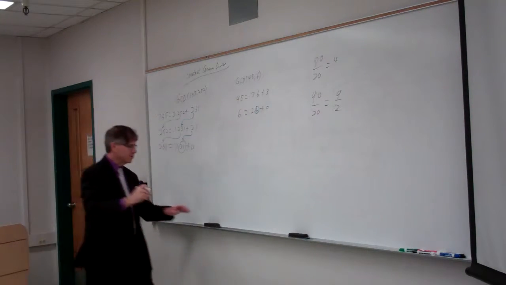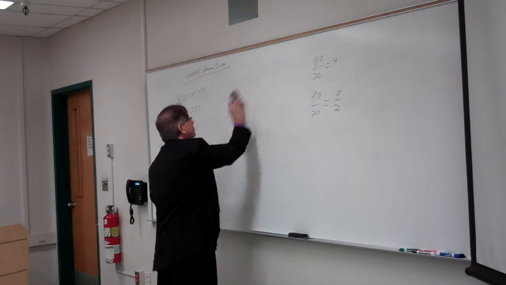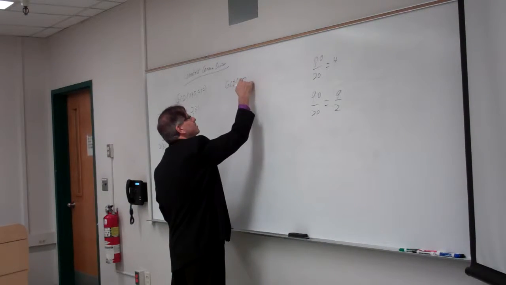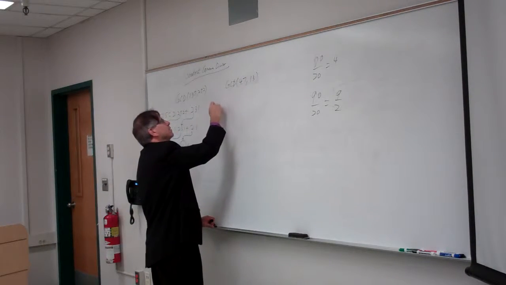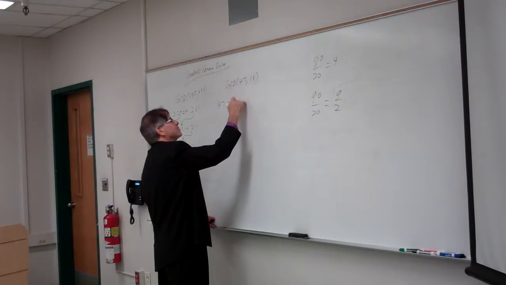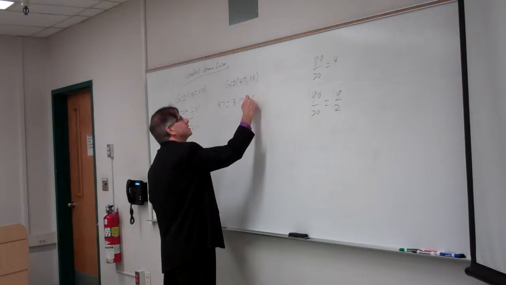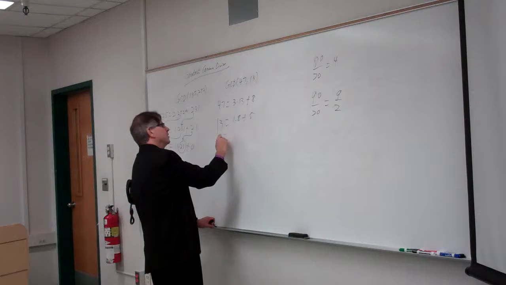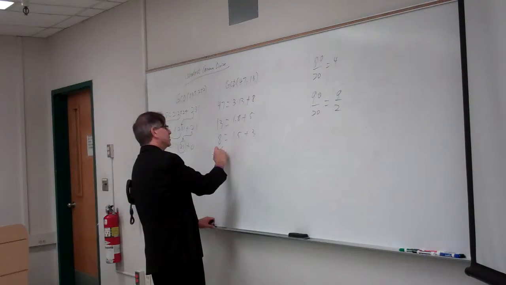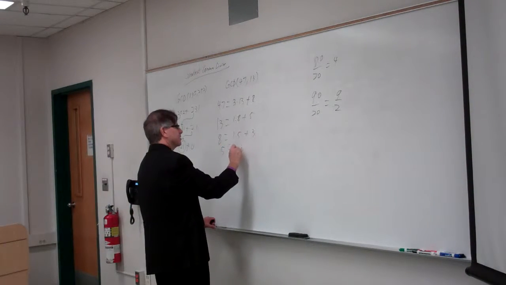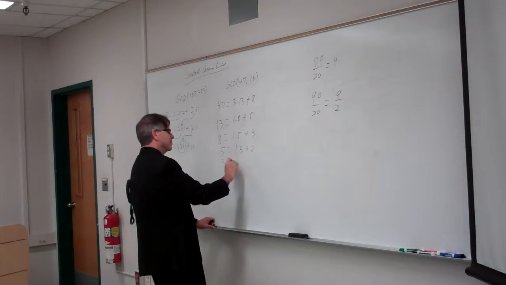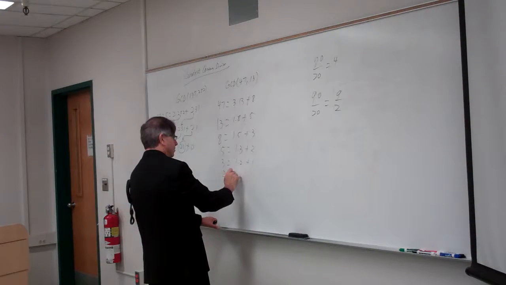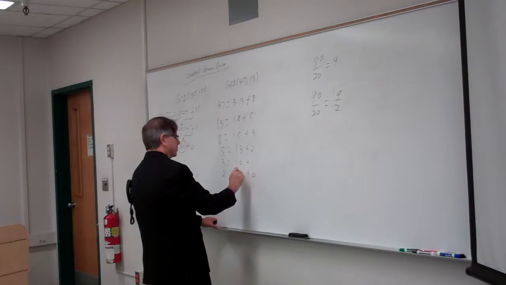And if you do this with prime numbers, 47, 13. 47 equals 3 times 13, that's 39, plus 8. 13 equals 1 times 8 plus 5. 8 equals 1 times 5 plus 3. 5 equals 1 times 3 plus 2. 3 equals 1 times 2 plus 1. 2 equals 2 times 1 plus 0.